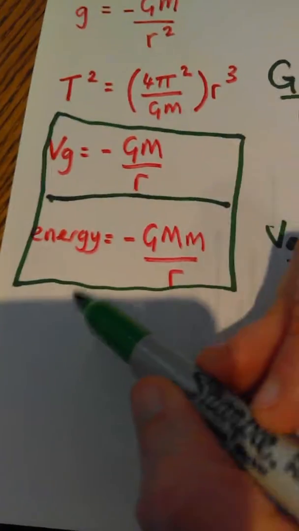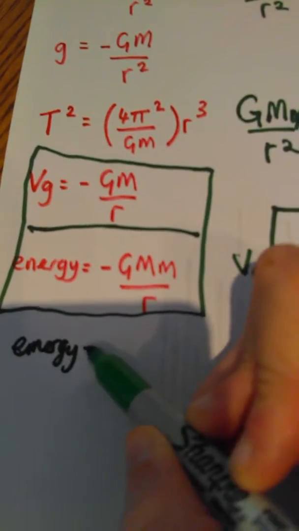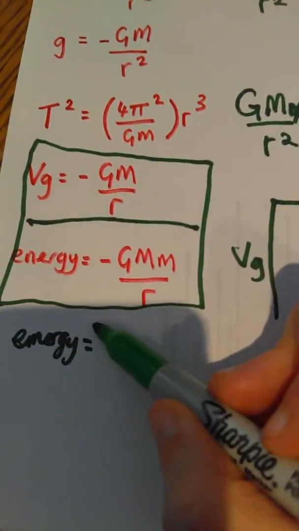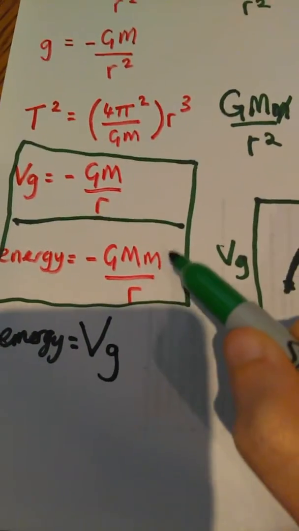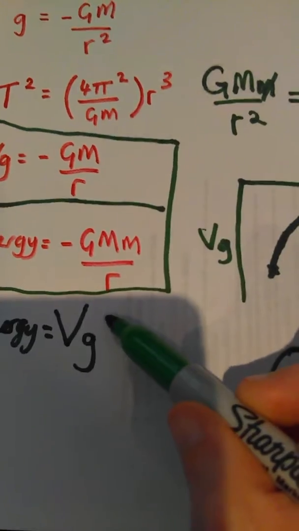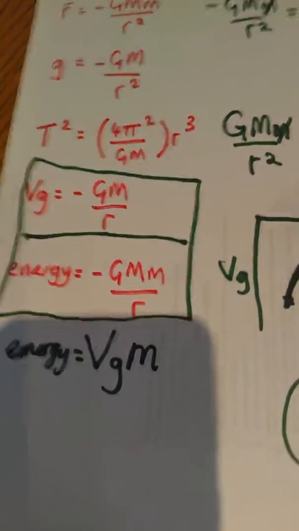All this one really is, is that energy is equal to Vg, the gravitational potential, multiplied by the mass of the object, so in this example, the 2 kilograms. Okay, so those are those equations.